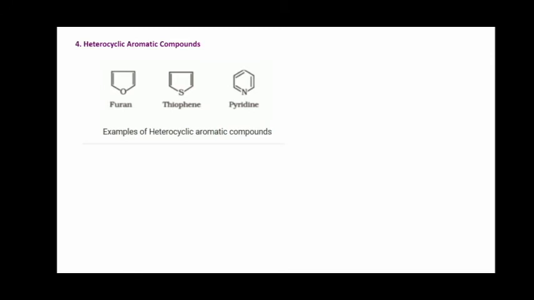Then pyridine, in which one of the carbon atoms of benzene is replaced with the heteroatom nitrogen. These are the heterocyclic aromatic compounds. We have a series of examples, and a separate section and subject for this. In heterocyclic chemistry, we are going to discuss them in detail.